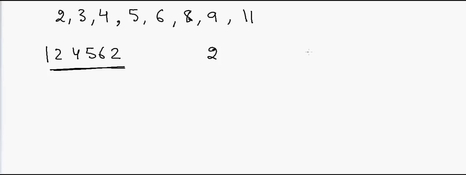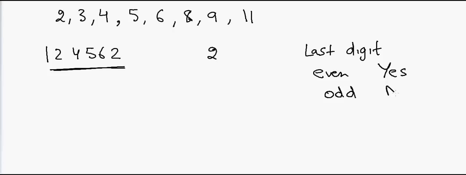We look at the last digit, and if it's even, then yes, and if it's odd, then no. Here the last digit is 2, so it is divisible by 2 because it's an even number at the end.